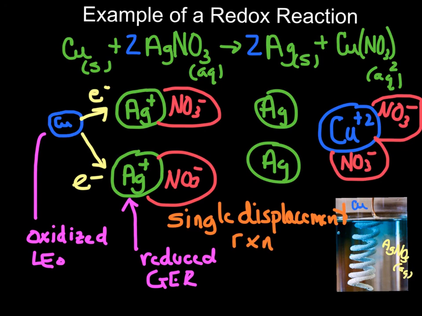We'll take a look at that a little bit more tomorrow, because what we need to learn about is that the single element, such as copper up here, needs to be more active than silver in order to be able to displace it. In this case, copper does knock it out. You can see it in the picture. And it does so by donating electrons. It loses electrons, so it gets oxidized. Silver accepts those electrons, getting reduced. So Leo says grr.